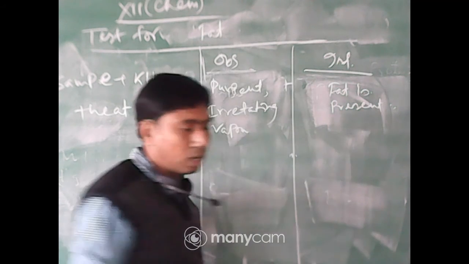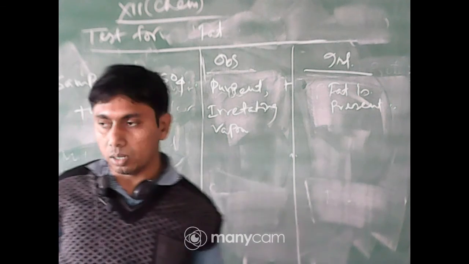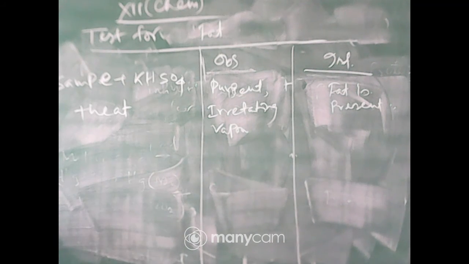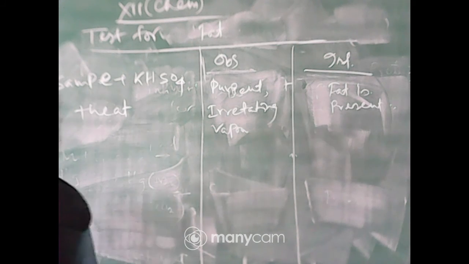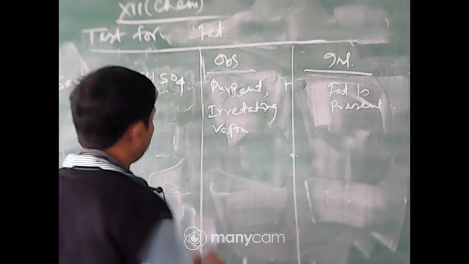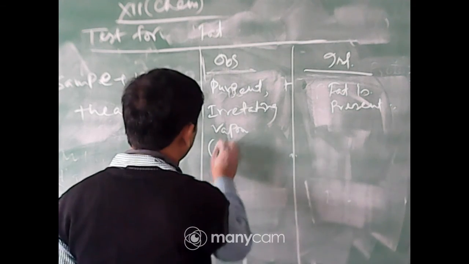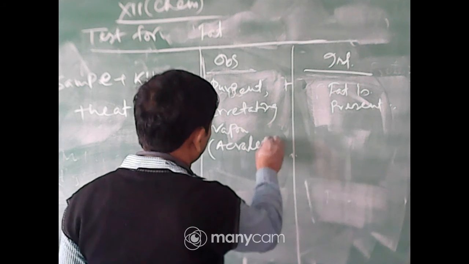Now fat is of 2 kinds, one is animal, another is Vanaspati ghee, which is produced from oil. So this is the test for fat, and you can also write the solubility test. Only one test is sufficient, because the other is not done due to its poisonous nature, the vapor of acrolein.